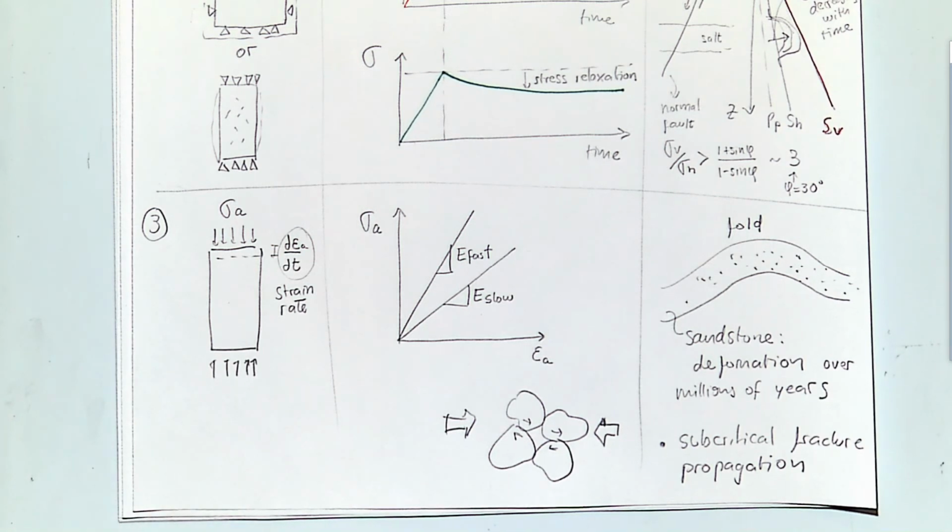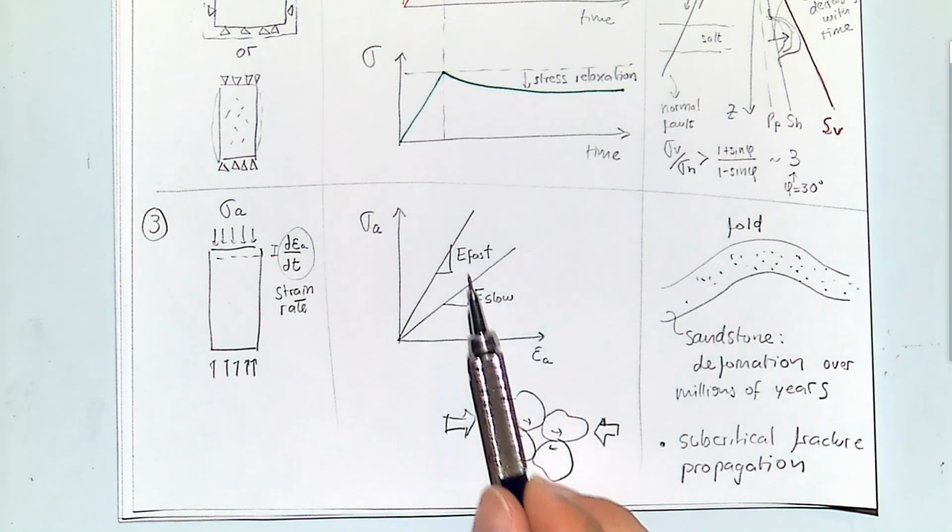Very quickly, you may not have that slippage, but over time, particles reaccommodate and slip with respect to each other, and that also can yield a response in which the rock tends to be a lot softer than if you do it very quickly.